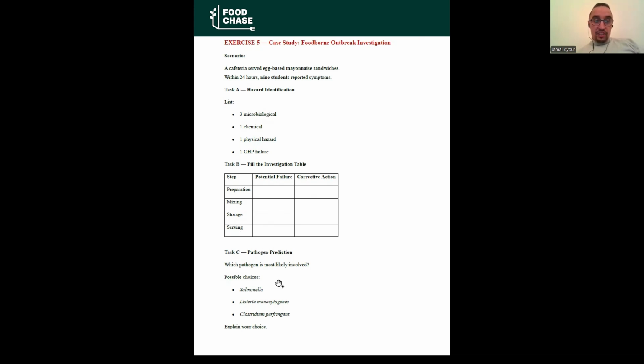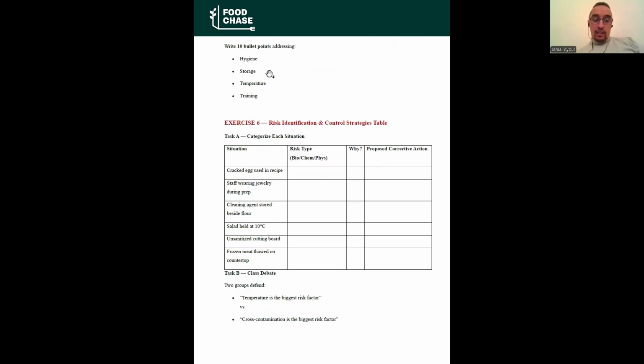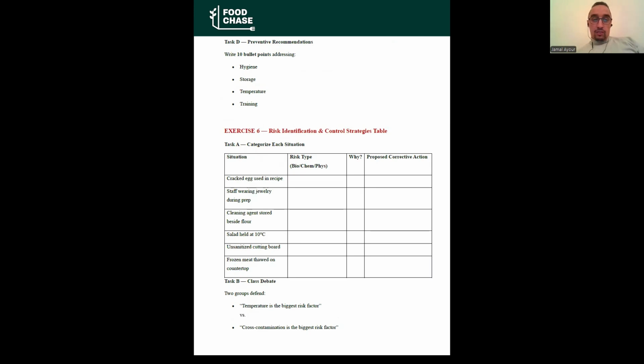For task number C, the objective is to identify the most likely pathogen and explain why. For example, why Salmonella is the most probable, because the food contains eggs. And do the same for different bacteria such as Listeria and Clostridium. For the fourth task, the objective is a preventive recommendation for this danger.